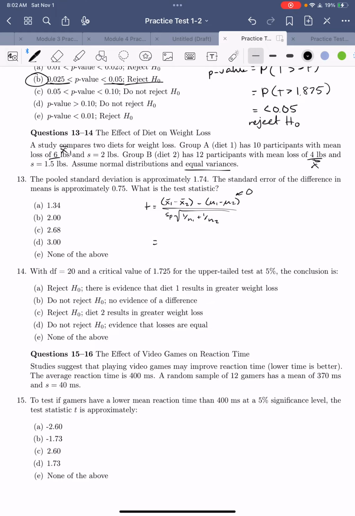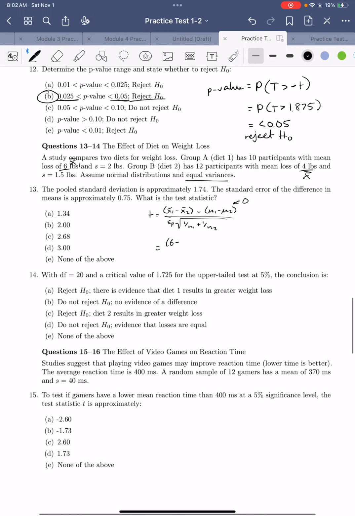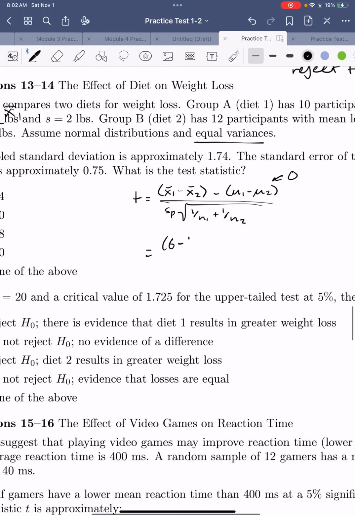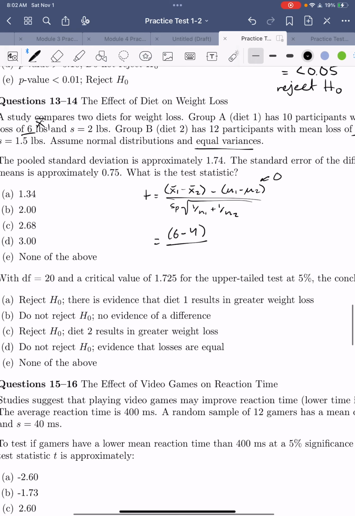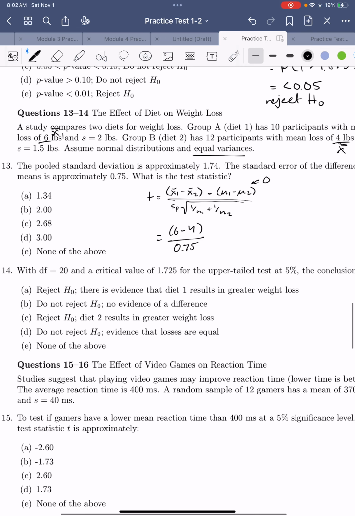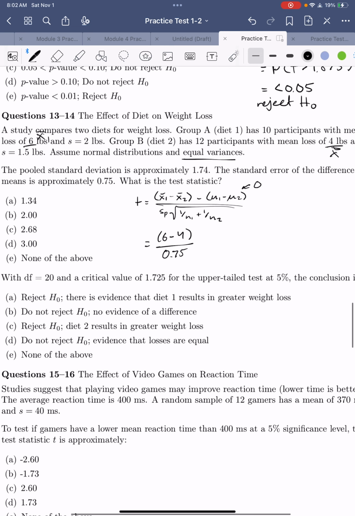We have x bar 1, which is 6, minus x bar 2, which is 4, divided by our standard error of difference of means, 0.75. They give us our pooled standard deviation, but we don't really need it since they already give us our standard error of the difference in means.